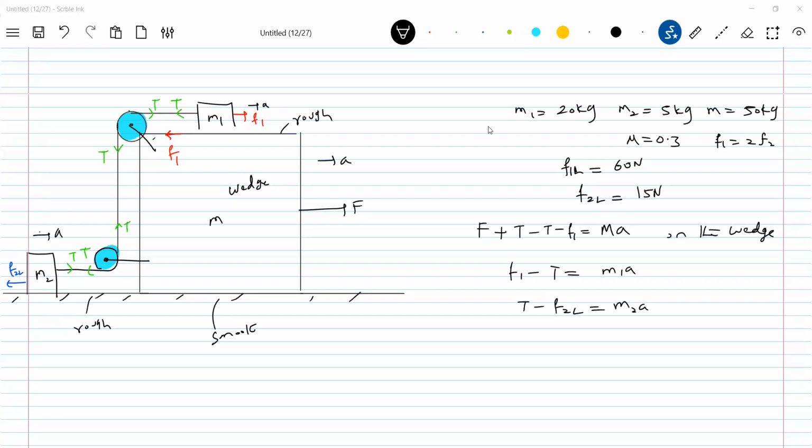Just wait, I'll finish this. Any corrections, you wait. Let me finish, some good problems are there. So this is F minus F1 equals MA.